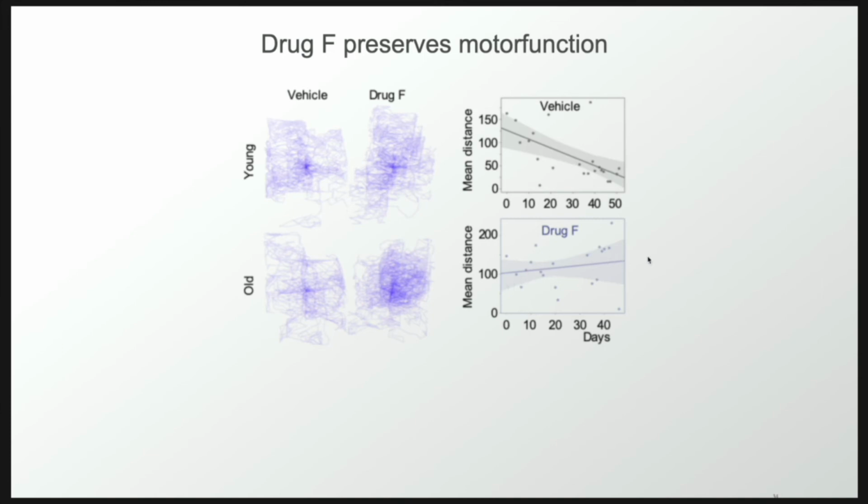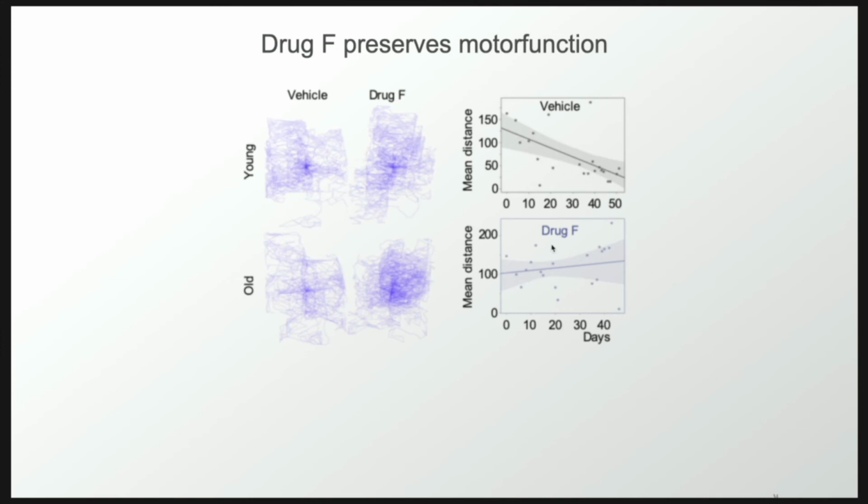And this is the quantification then, and you can see with increasing age, you see a decline in the mean distance traveled by the flies, and this is not the case with drug F. And I think we heard that yesterday, that we know that walking distance and walking speed is an extremely good predictor of health with aging, both in humans and in animal models.